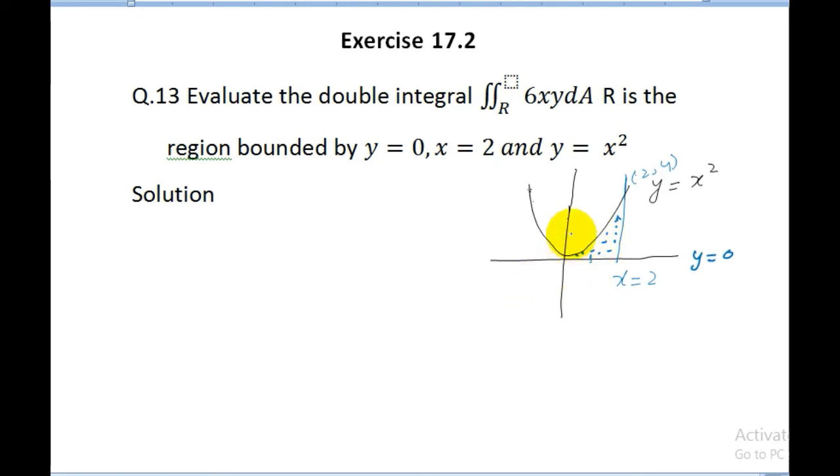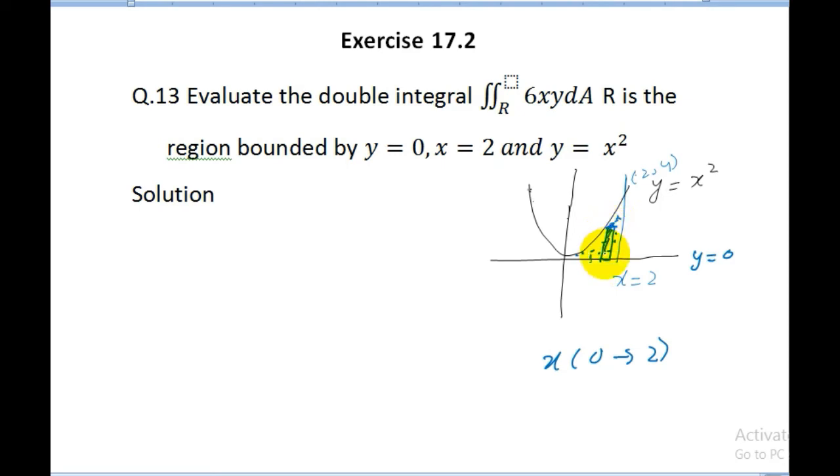So in this case, if we take the limit of x on the x-axis, x varies from 0 to 2. So the variation of x is from 0 to 2. Now for the variation of y, we take a strip parallel to the y-axis.